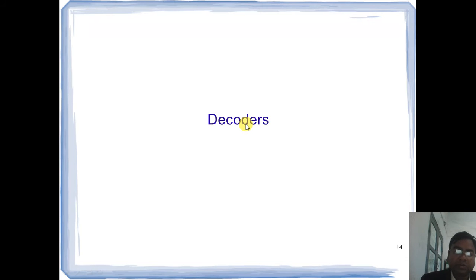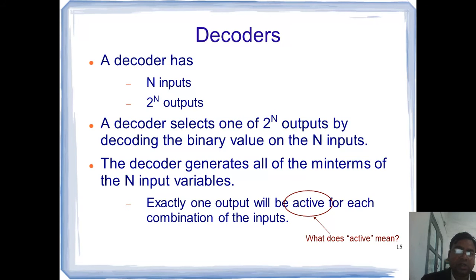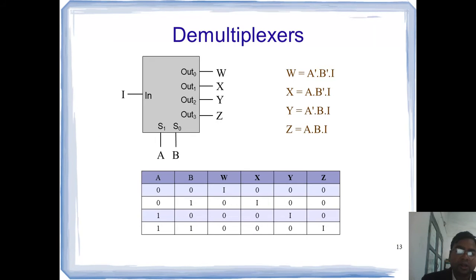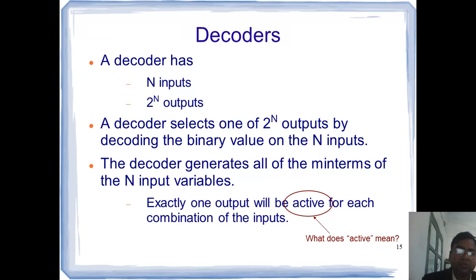Now, in today's lecture, we are going to discuss decoders and encoders. First, we will discuss what a decoder is. A decoder is similar to a demultiplexer, in which we have n inputs and 2 raised to power n outputs. In a demultiplexer we have one input, n select lines and 2 raised to power n outputs. In a decoder, instead of one input, we have n inputs, which are just like select lines.